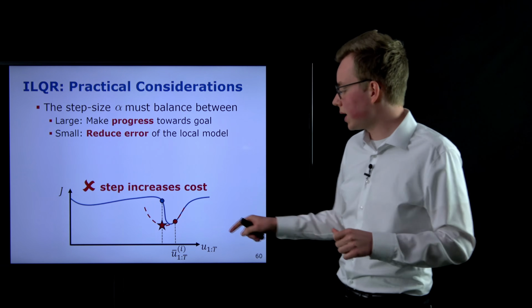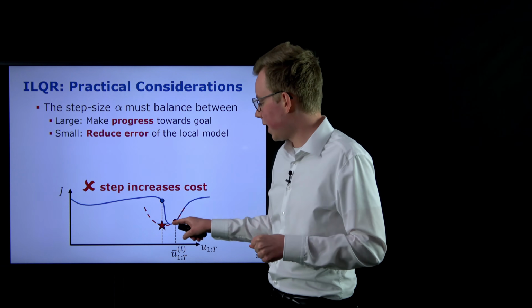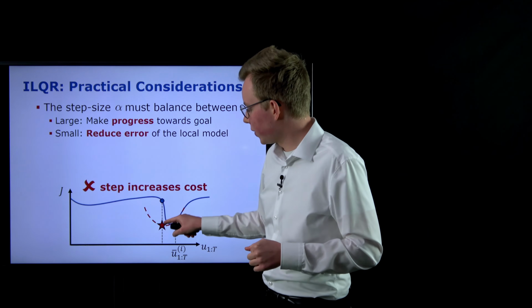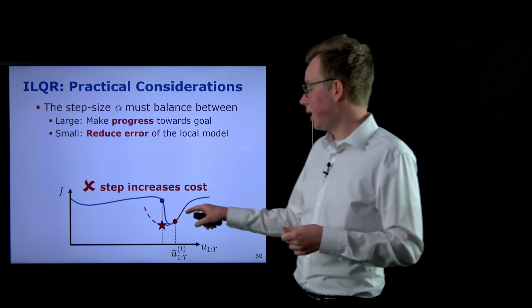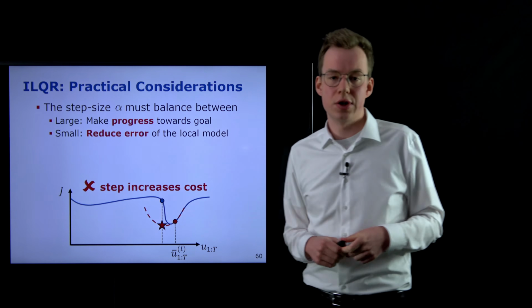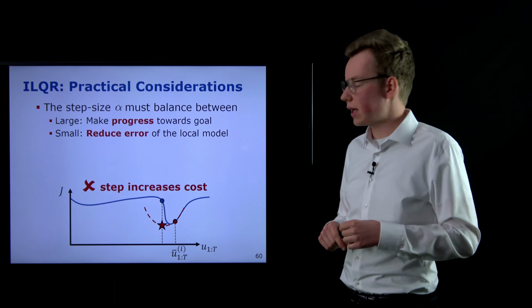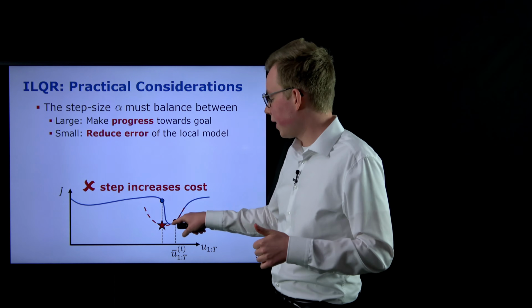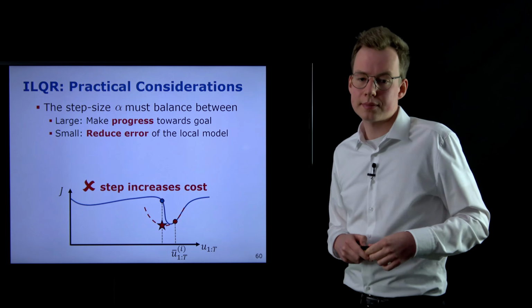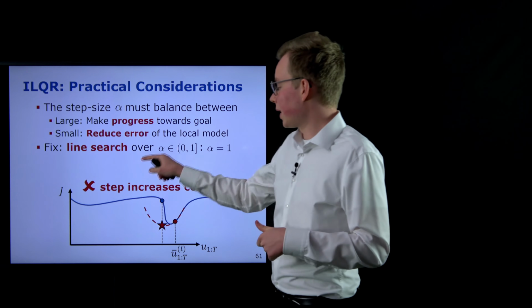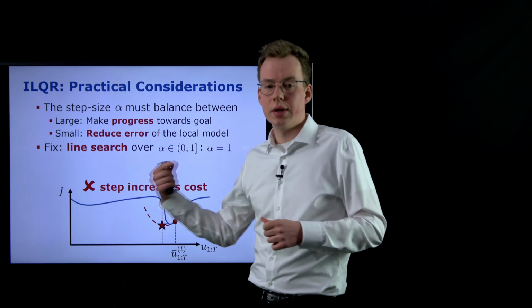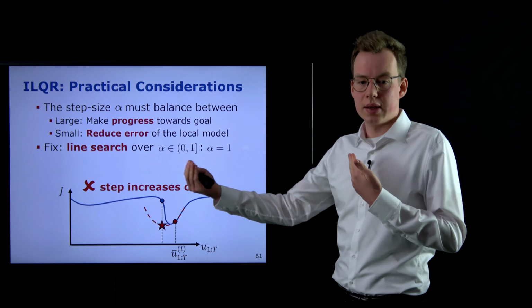If we were to take a full step size of alpha equals 1 to this minimum, we would actually not even reduce the cost, but instead increase the cost throughout this iteration. This harms the convergence of the algorithm, and we may not even be able to find this local minimum.